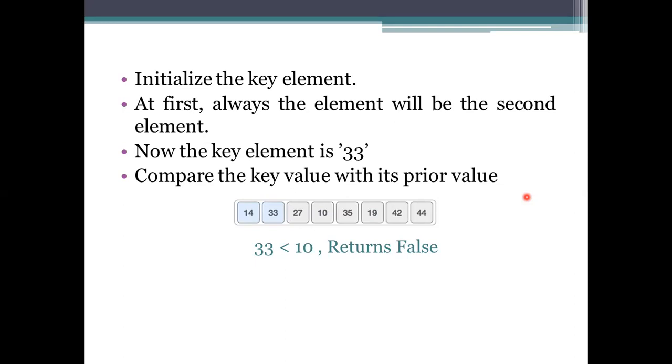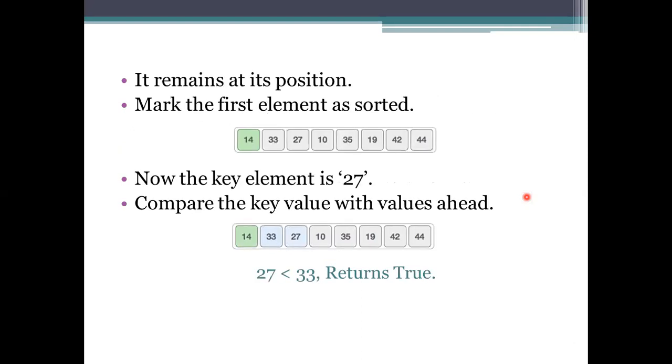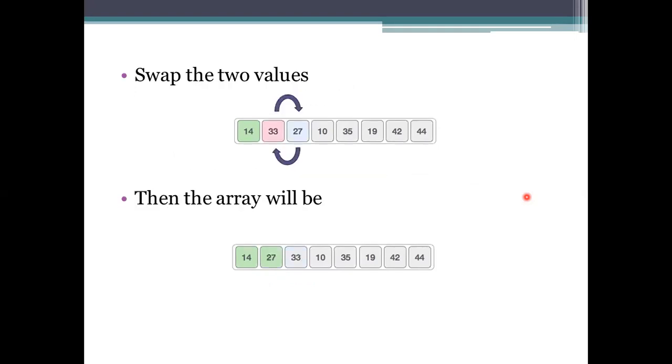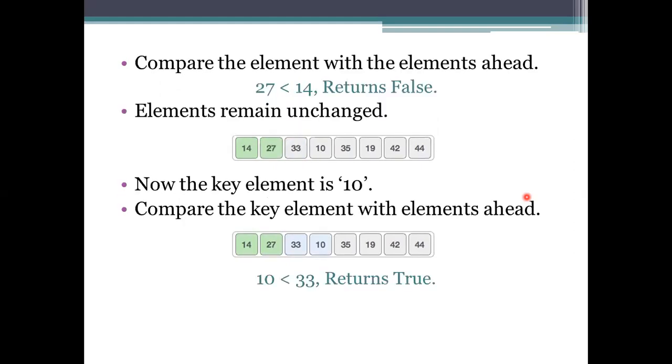Coming to the comparison, as I said, if it is false, it remains the same. There is no change in its position. In the previous class, we used the elements 33, 27, and 10 here. While using the 10, we compared with 3 elements.